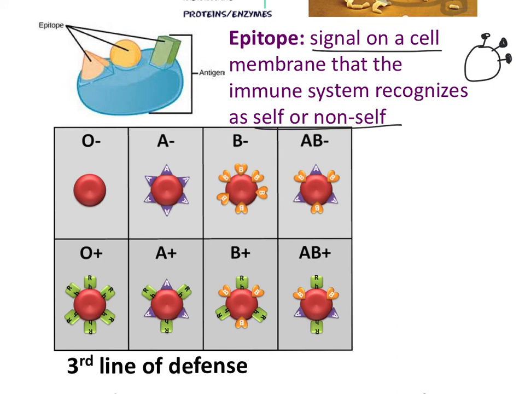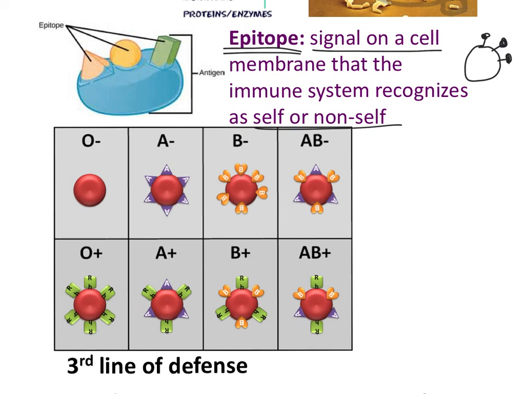Me, in my body, all of my cells that are me, that make me me, all have the same shape on the outside of them. They all have the same epitope. It's possible that if I walk through your sneeze, I might get some particles or some cells inside my body that now don't have that shape saying, it's me, it's me.